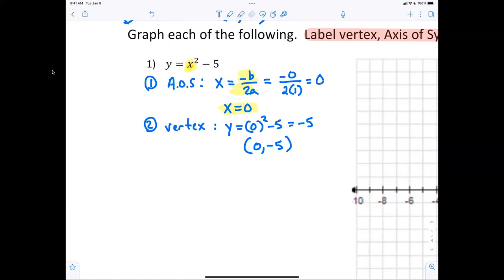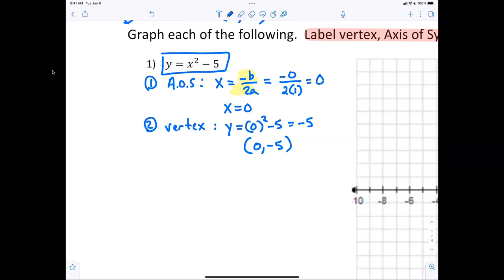All I did was plug 0, this value, in here. Let me make myself clear. It's from this equation. Once you find the negative b over 2a, you just plug that answer into the original equation, and it tells you what the y coordinate of the vertex is.